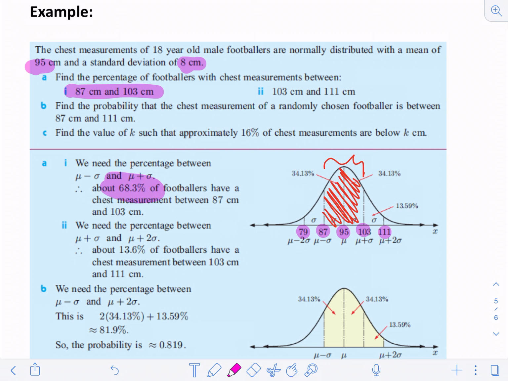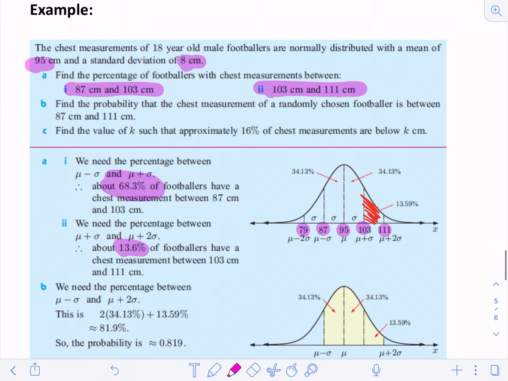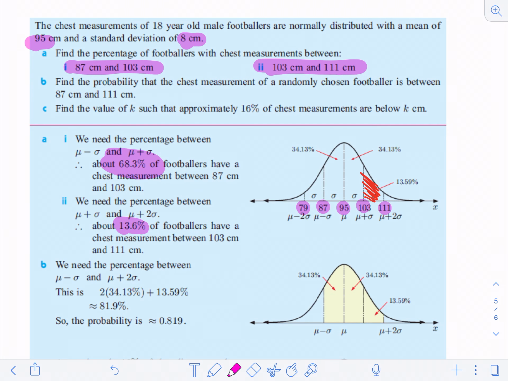And what about those between 103 and 111? Well, let's erase this. 103 to 111, that's going to be this distance right here, which we already knew was going to be 13%. And then we could talk about some other ones. What's the probability that a footballer chosen randomly has a chest between 87 and 111?